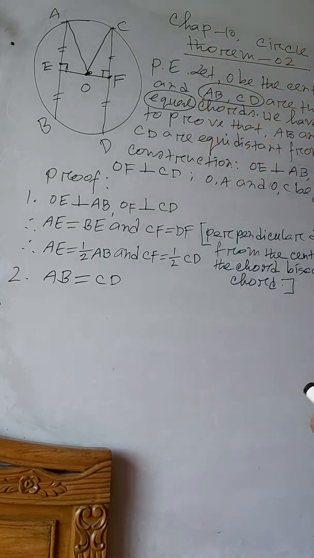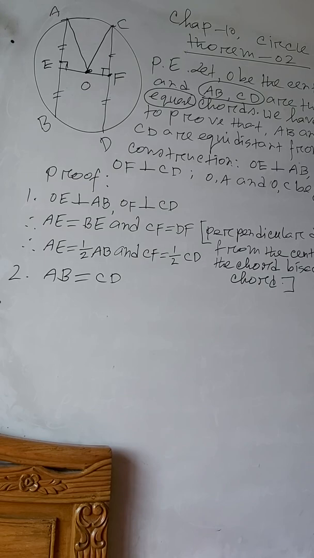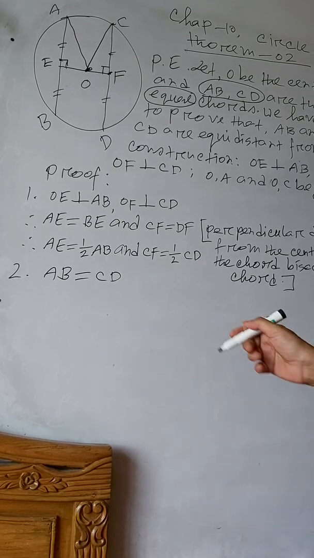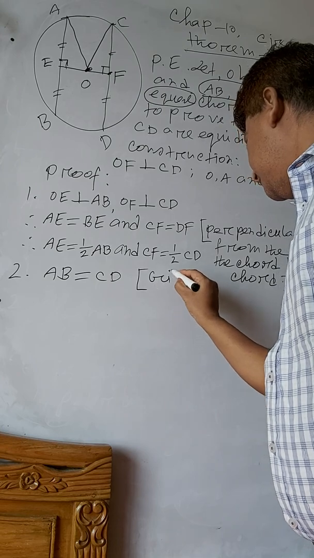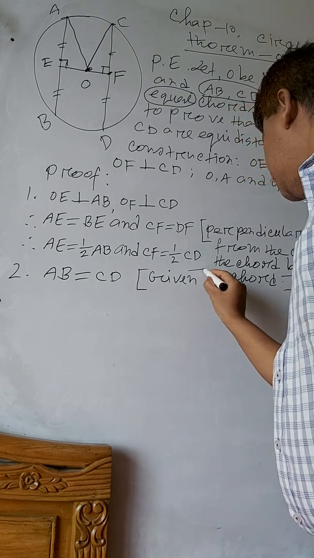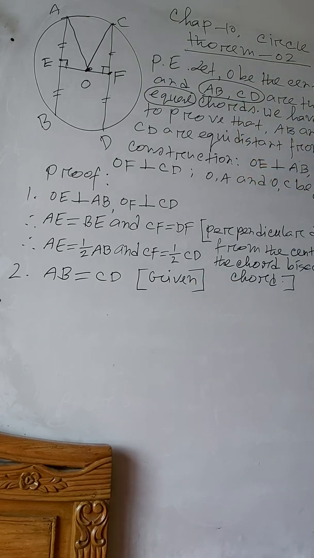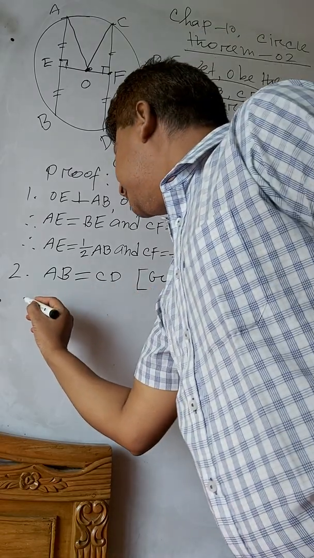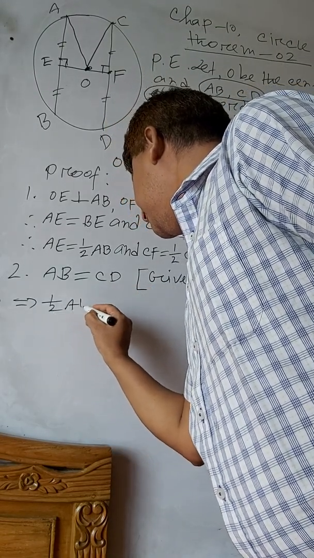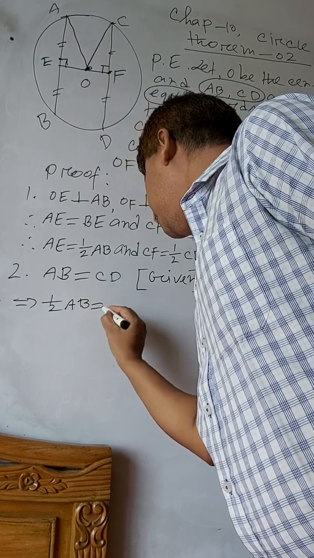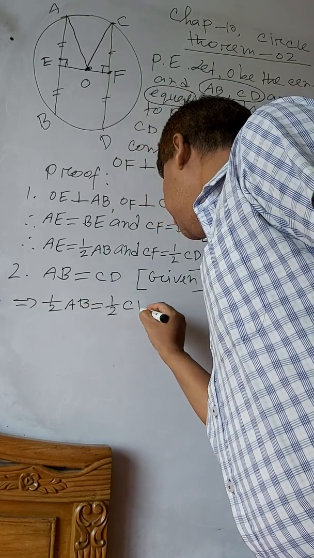Very, very important theorem. AB equal to CD, which is given. Now dividing on both sides by 2, half of AB equal to half of CD.